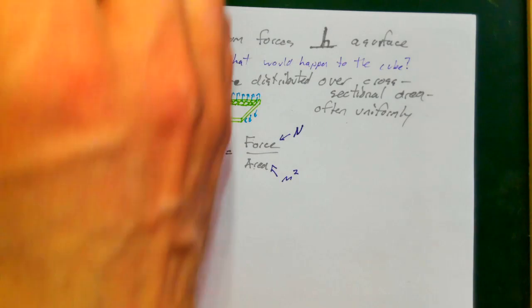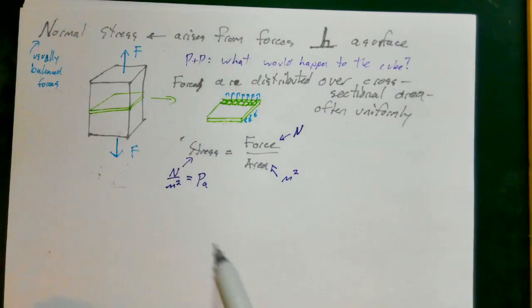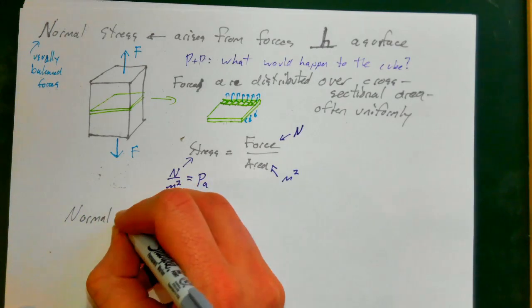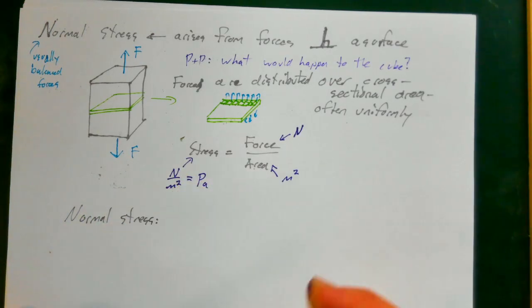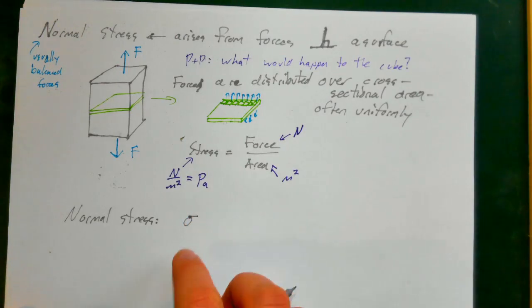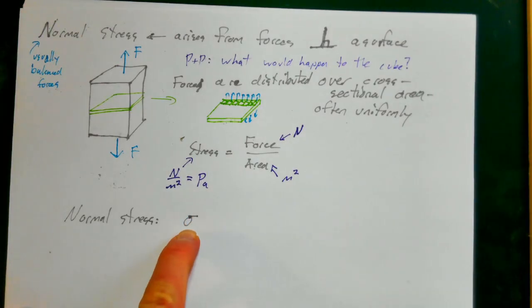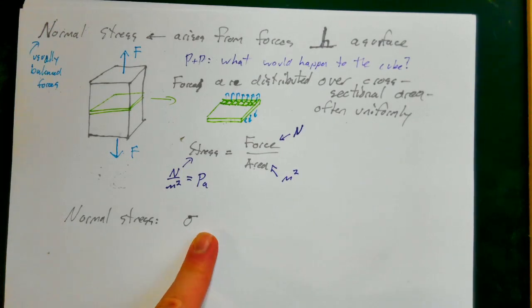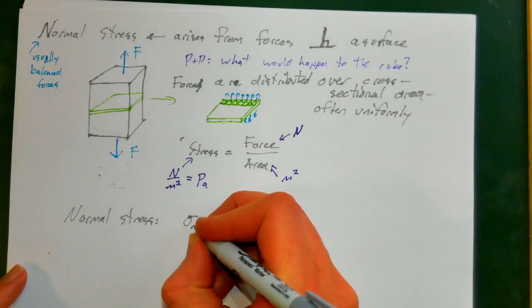Now let's talk about normal stress specifically. Stress is often given the Greek letter sigma, and oftentimes we give it some subscripts, so maybe I'll call it sigma normal.